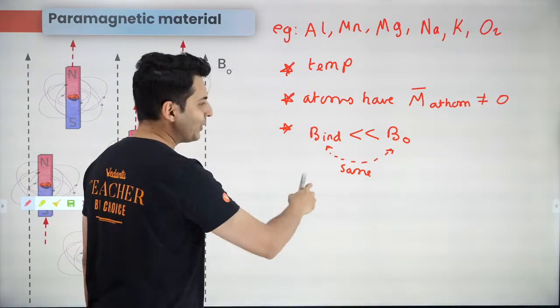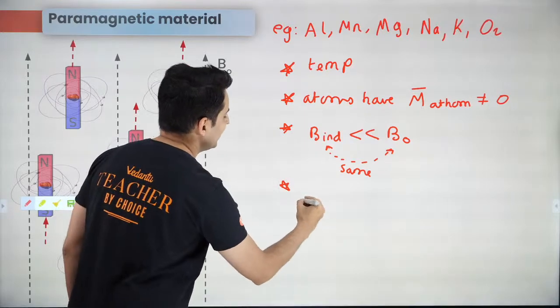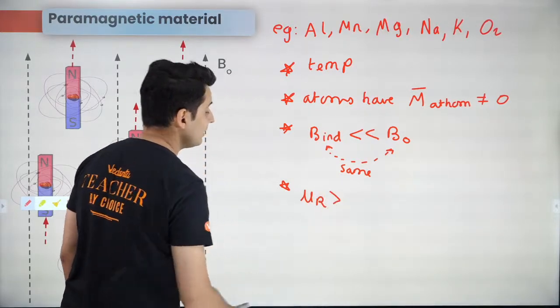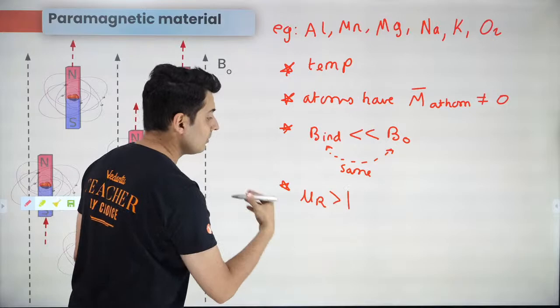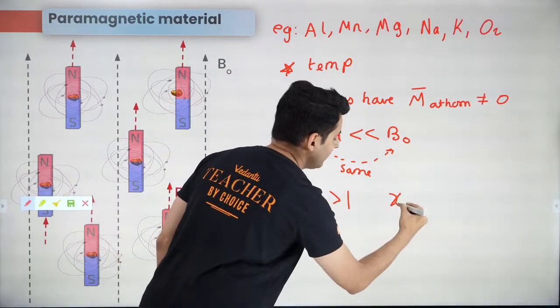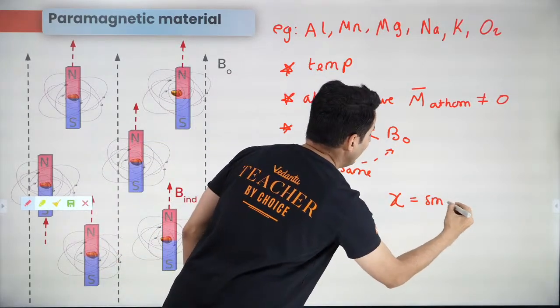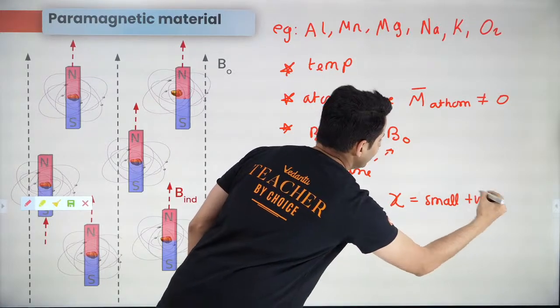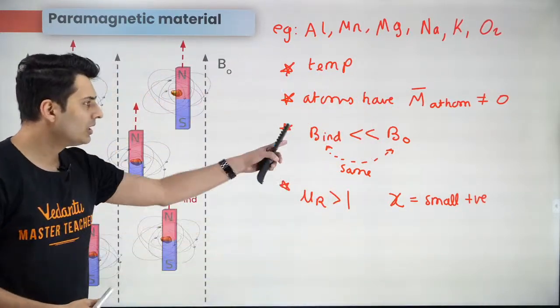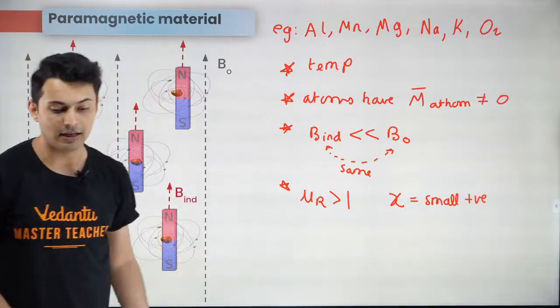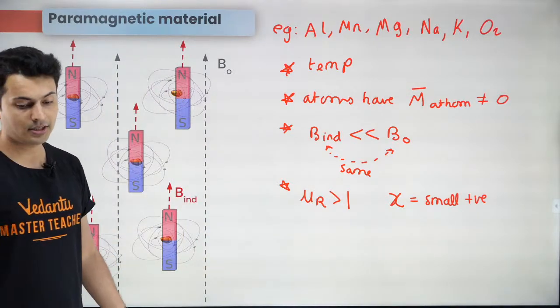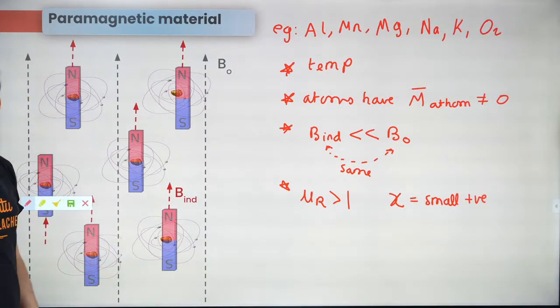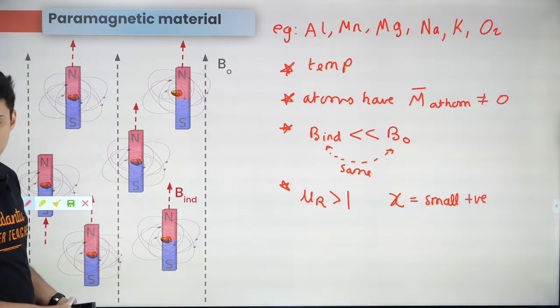Very important. Now because they are in the same direction, you will see that the relative permeability will be more than 1. But the susceptibility will be a small positive number. It's not going to be very huge because the induced field is not very large. Very, very important. Okay, so I hope this is clear.